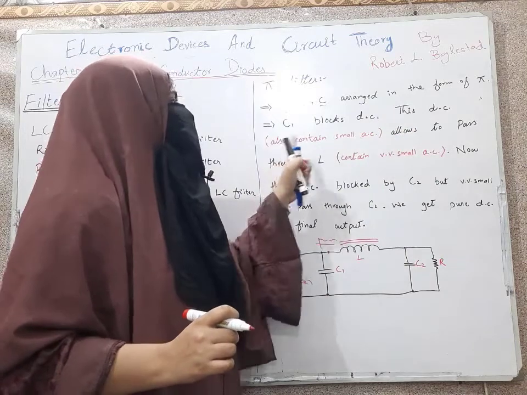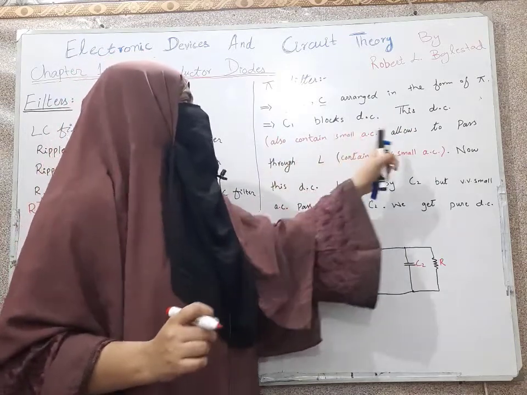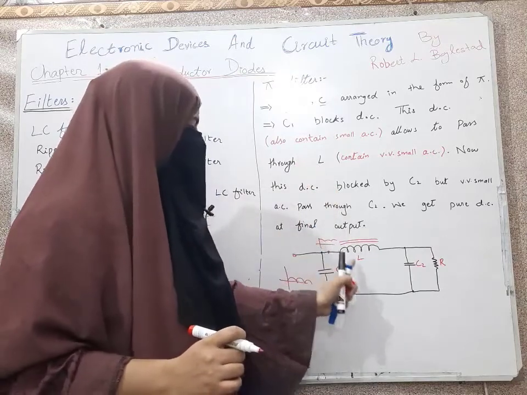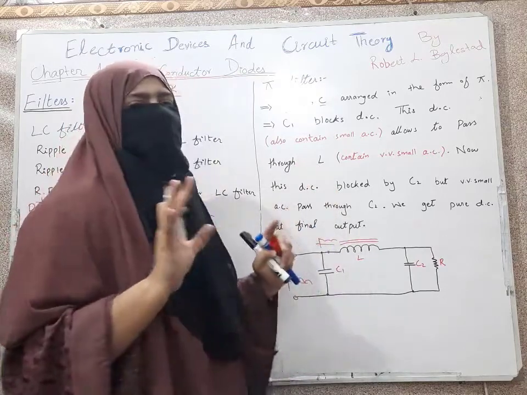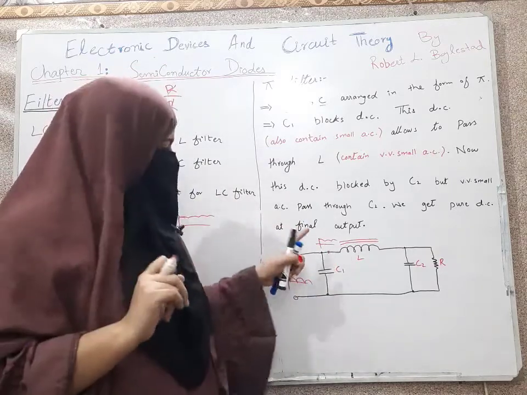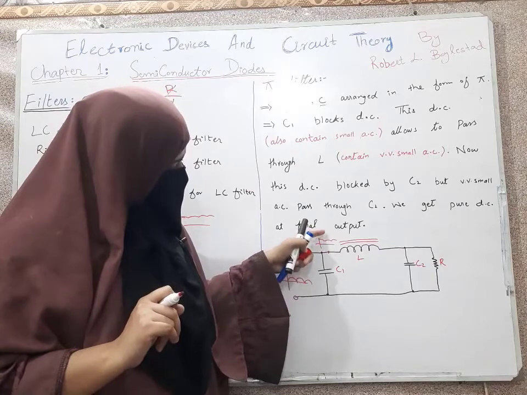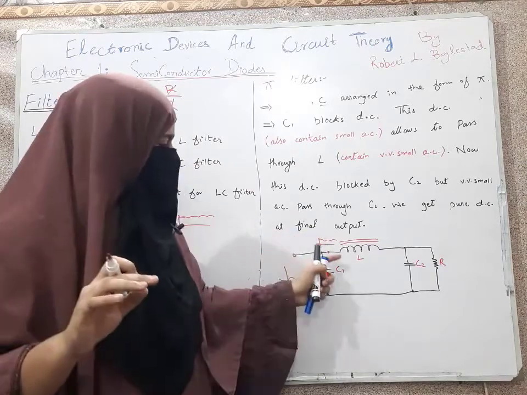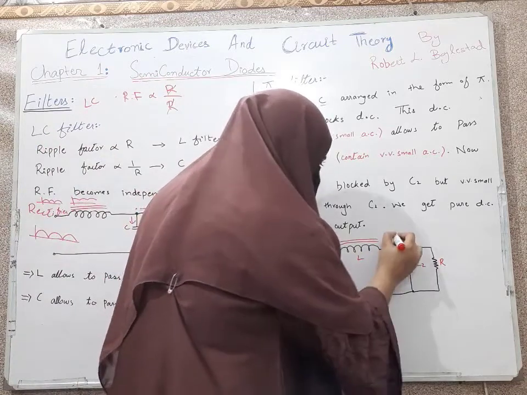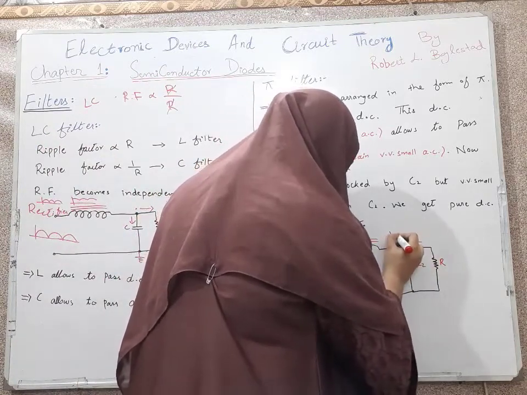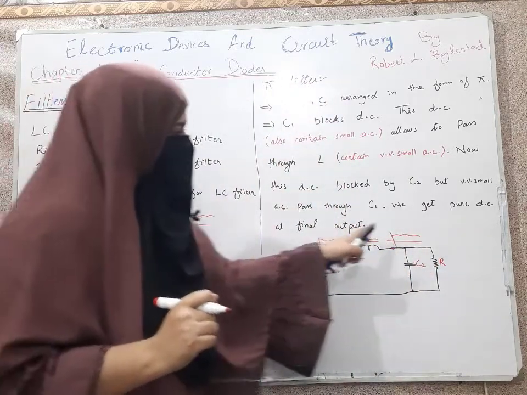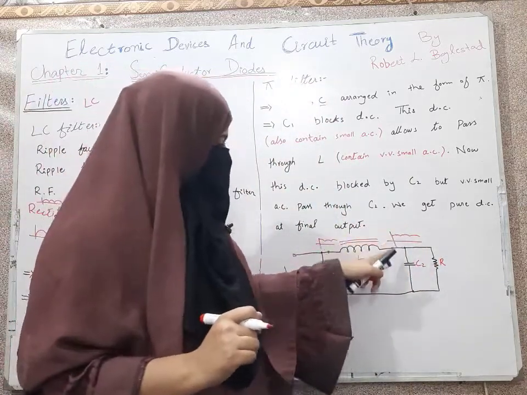This DC contains a small amount of AC component. The function of the inductor is to allow DC to pass and block the AC component. So the AC component contained in this output will be blocked by this inductor, and we will get the output like this at this point.